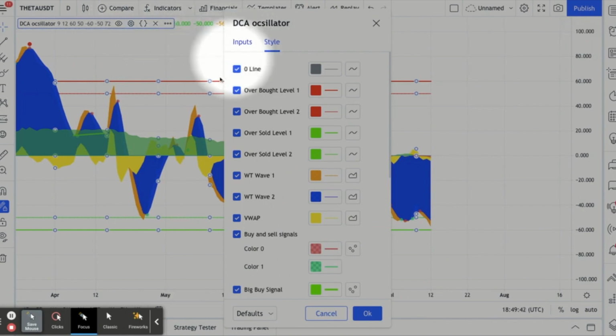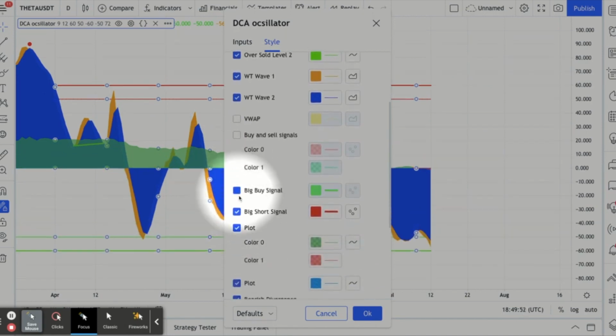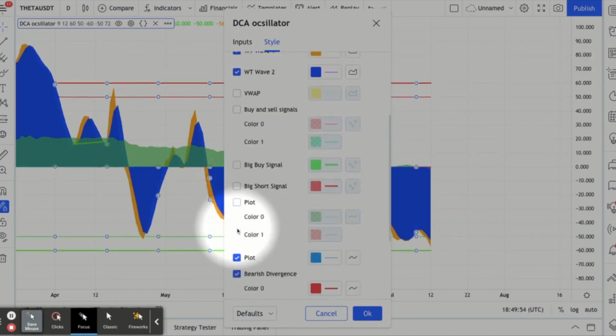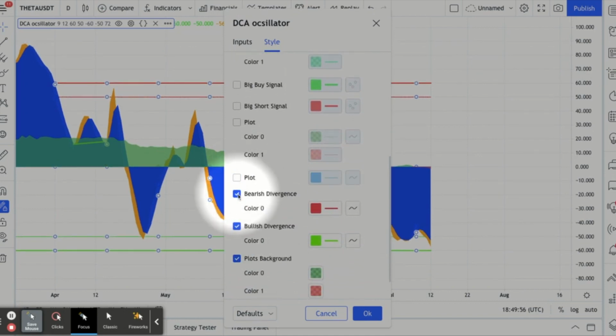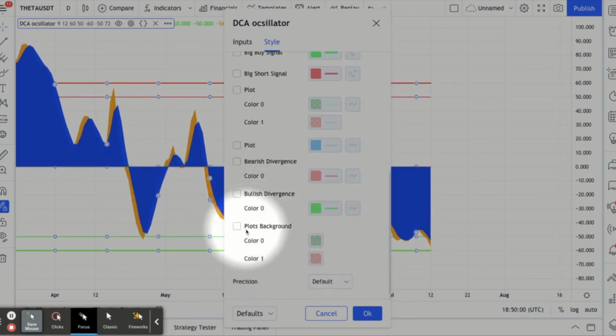I'm going to leave those. Turn the VWAP off. Divergence. All right, so I've turned everything off except for what I want to start off with.